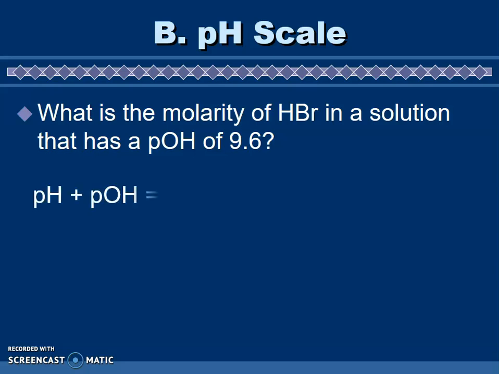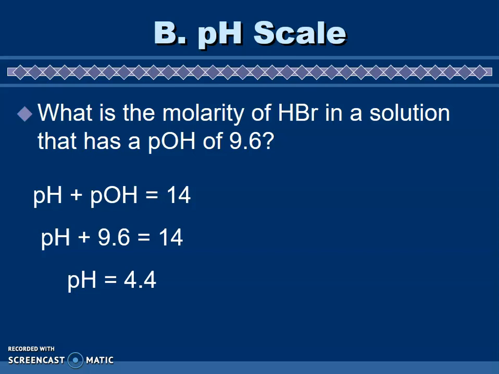First, we need to remember that our pH plus our pOH is 14. We know our pOH, so we can calculate the pH. Unknown pH plus 9.6 equals 14. So we do 14 minus 9.6, and we get our pH of 4.4.